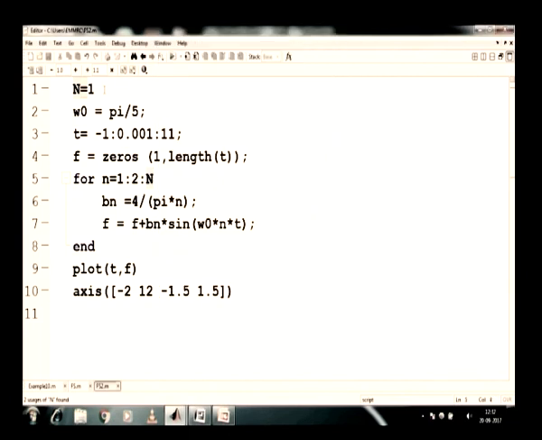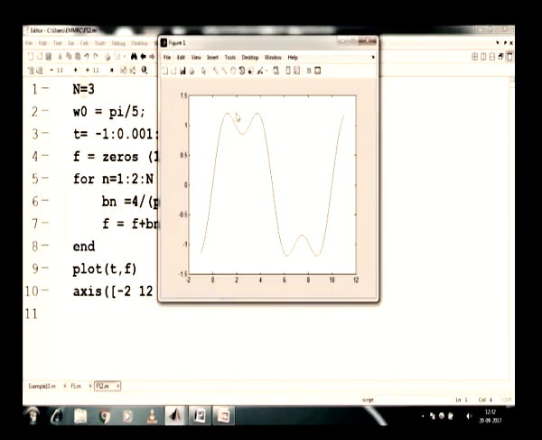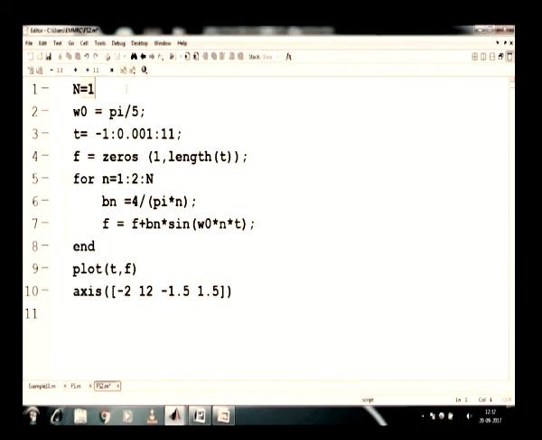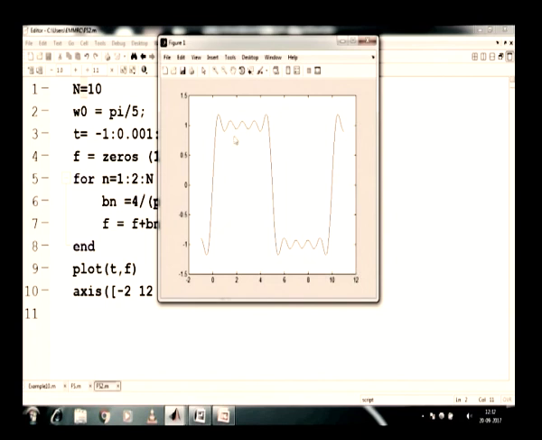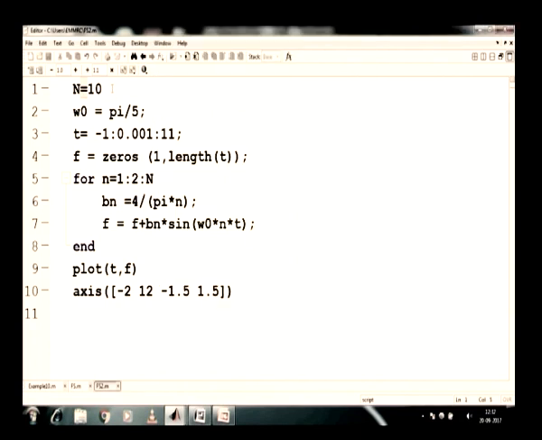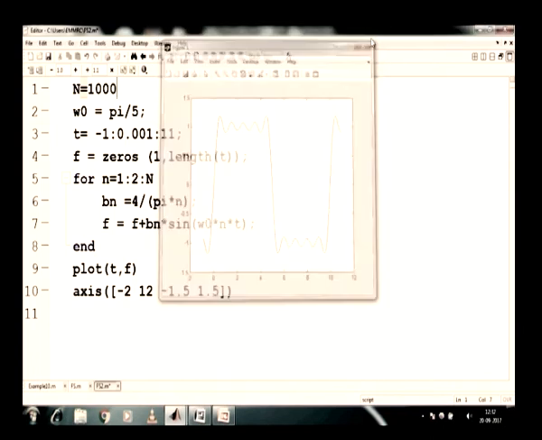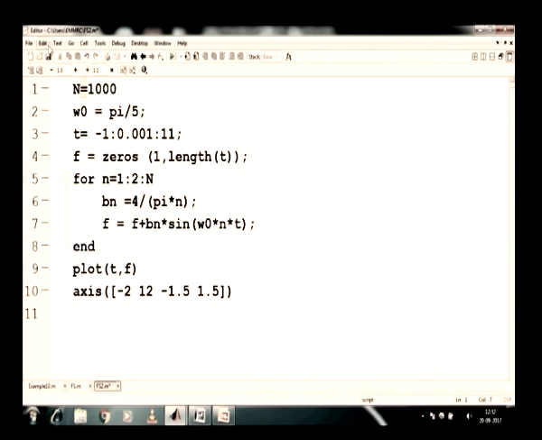If you give n equal to 3, you can identify the changes that occur. Suppose we give 10, you can count the number of pulses, right. This is 10, here 5 signals, here 5 signals. So by varying the number you can obtain its coefficients.